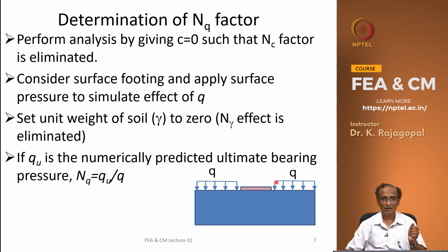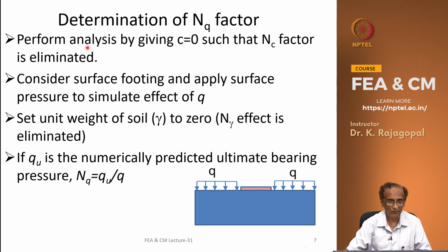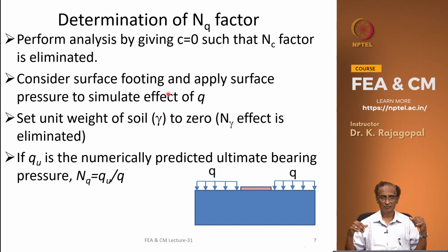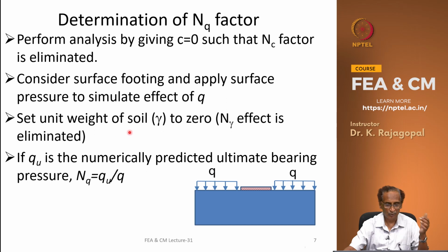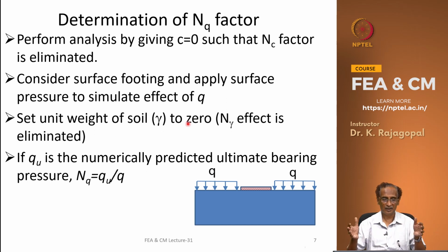Okay. And we can determine Nq by performing the analysis by setting c to 0 such that the effect of the Nc factor is eliminated, and we consider a surface footing, but then apply some overburden pressure q on the surface on both sides of the footing, and then we set gamma, the unit weight of the soil, to 0, so that the effect of N gamma is eliminated.